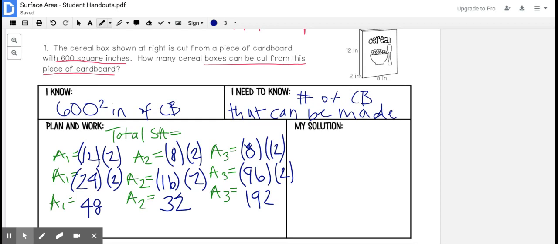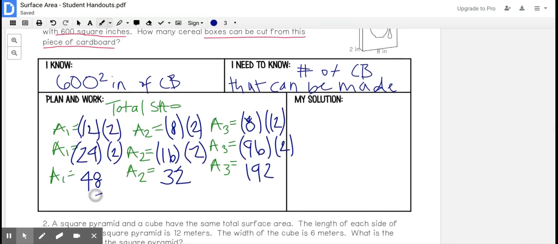So now we have our three areas and we can calculate the total surface area. And all we have to do that is to put all of them together. So what we'll do down here is we will do our surface area is equal to 48 plus 32 plus 192.